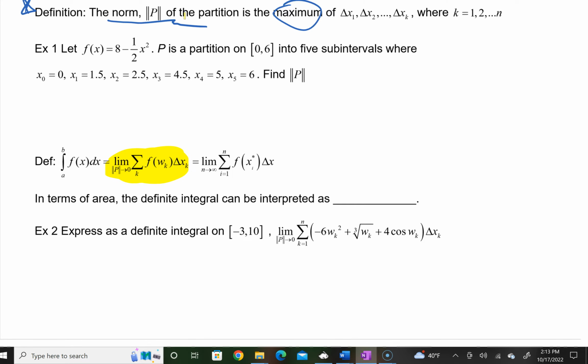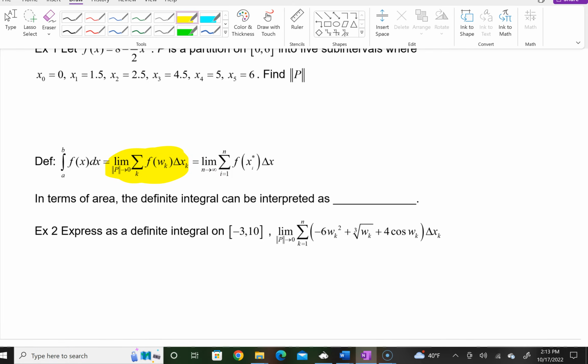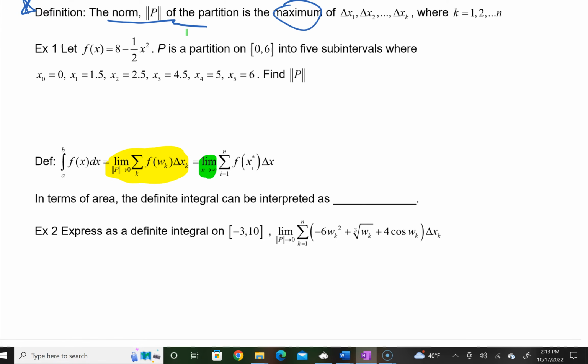Real quickly, students would think, well, that would mean that we'd need an infinite number of rectangles. Yes. Imagine if all of a sudden we'd have an infinite number of rectangles and we'd calculate all of these base times heights. That would be the real value of this integral.